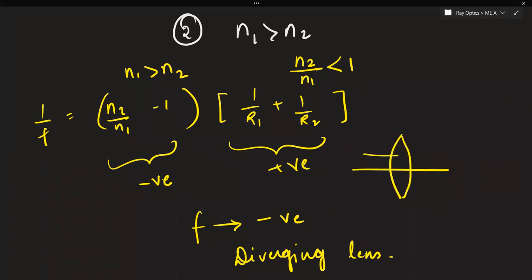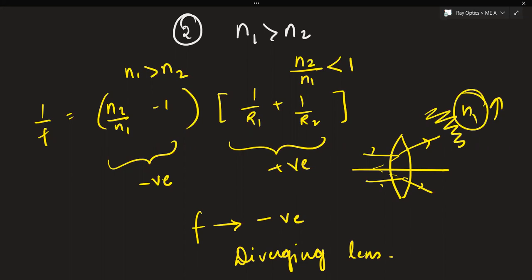It means properly it will behave like this. But this is suitable for a specific condition. That specific condition is that the outside part, that is N1, this refractive index has to be greater than that of the glass. Why do we always get a convex lens as a converging lens?